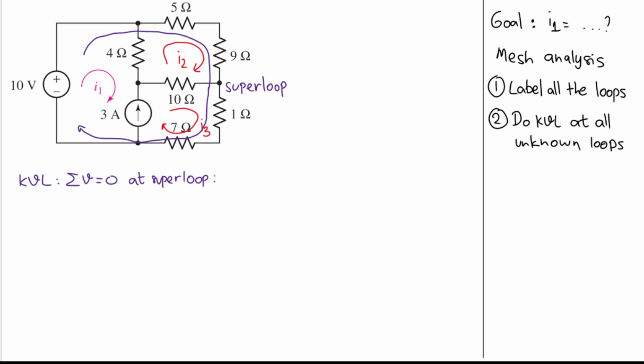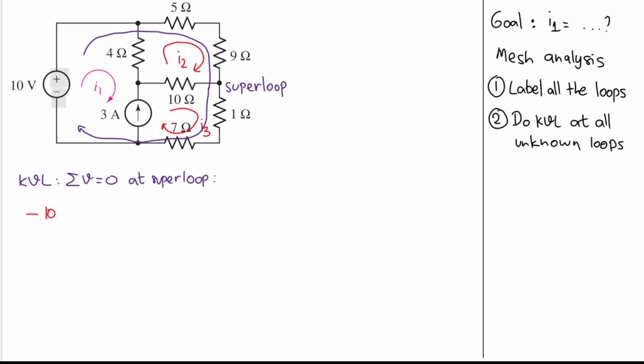Let's see this first component here. The super loop goes from the negative terminal to the positive terminal. So we will have a negative sign because the current comes from the negative terminal. So we have minus, and the magnitude is 10. So we have minus 10. And let's follow the super loop here.